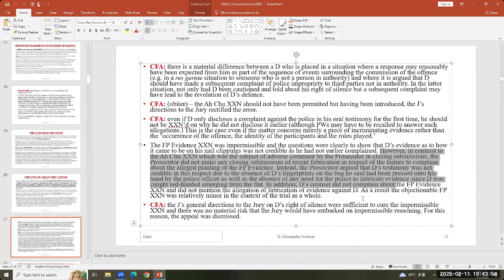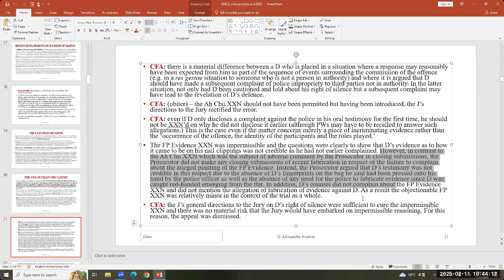What they mean by that was, if what you are now complaining about on appeal was really so bad, then you would have expected defense counsel to have objected to it at the time. But the fact that defense counsel stayed silent and did not object should be taken to show that actually there was no real prejudice caused, right?